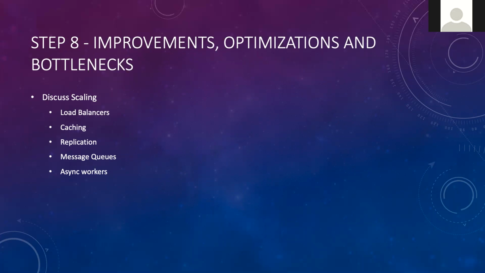Typically, caching can be at the web server tier or the application server tier or the data tier and so on. We talk about the replication. So what does it mean to replicate the data across different data centers or within the data centers to multiple places so that your read throughput or read latency improves.